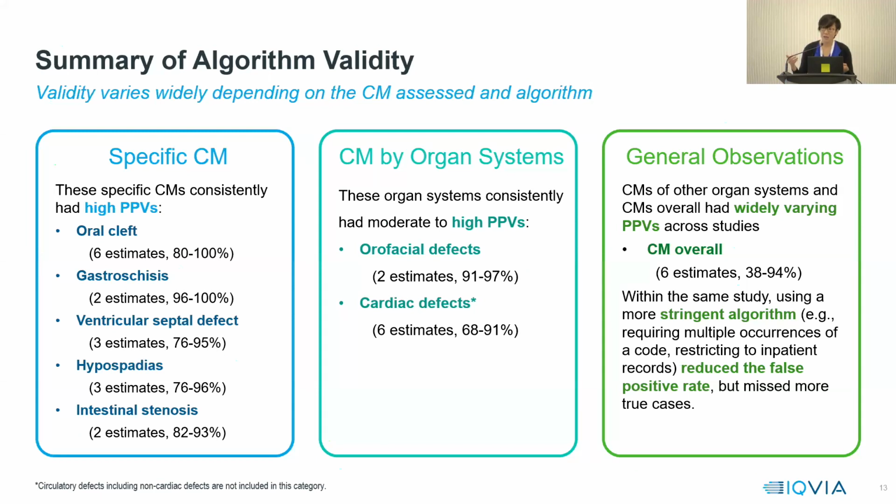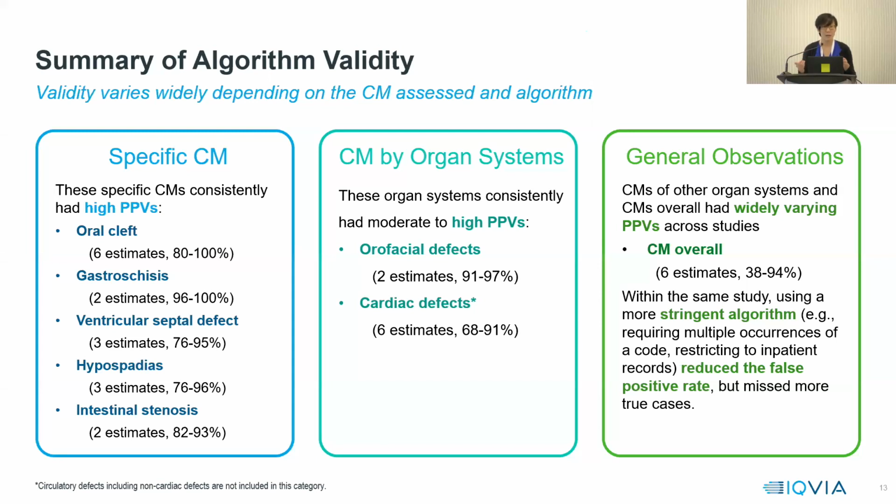But some of the heterogeneity might be due to the fact that different types of algorithms are used for different purposes. For example, within the same study, we have seen that using a more stringent algorithm, such as requiring multiple occurrences of a code or restricting to inpatient code, reduces the false positive rate, but it does miss true cases.